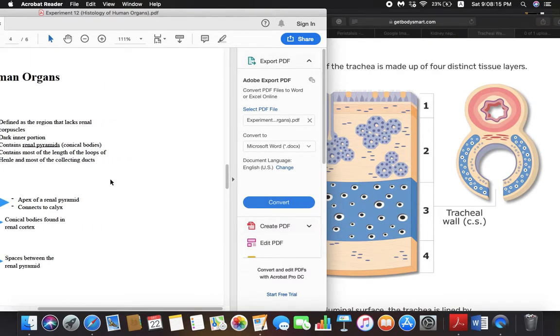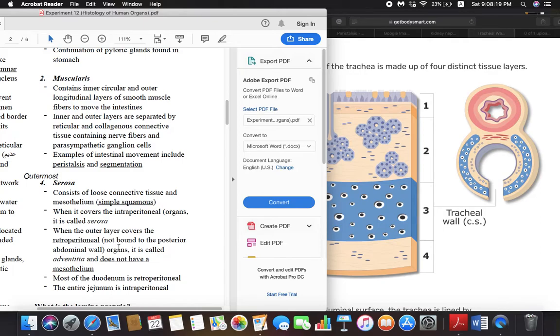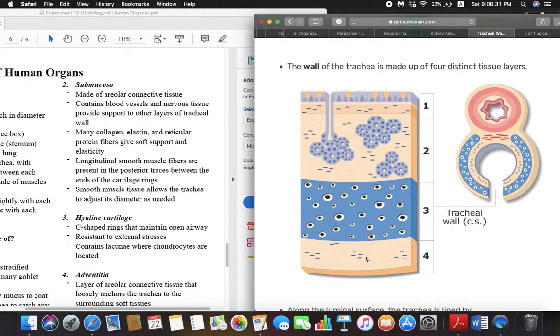If we go back here, we can see that adventitia is connected to the organs that are retroperitoneal, meaning the ones that are not bound to the abdominal wall. It does not have mesothelium. So the adventitia here is only made up of loose connective tissue without any mesothelium.